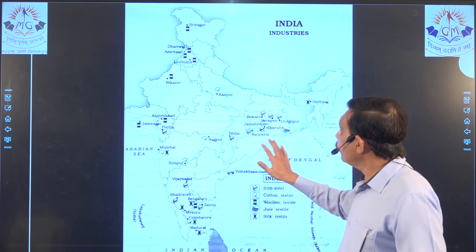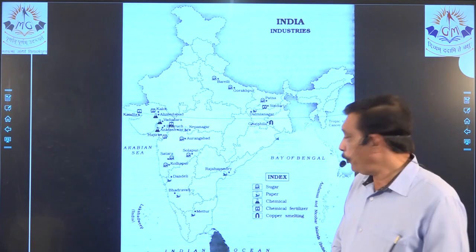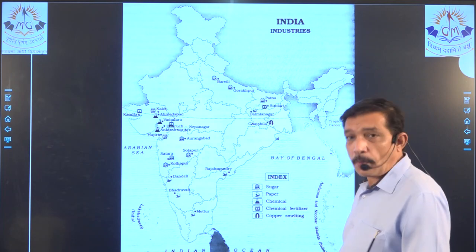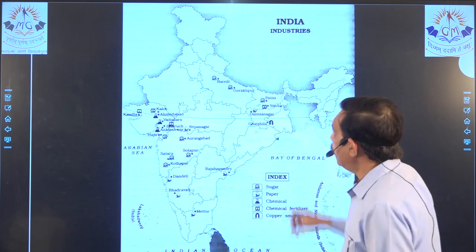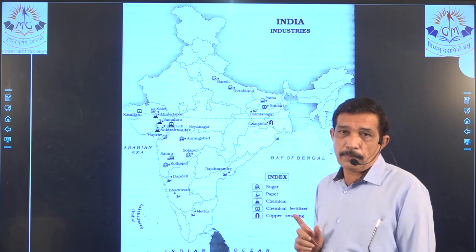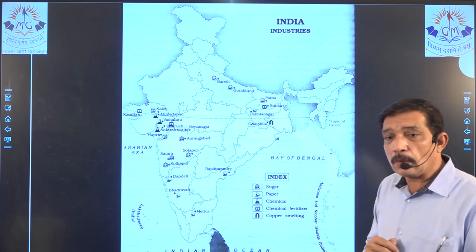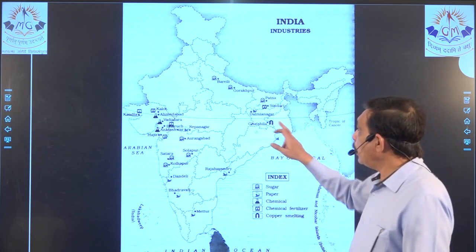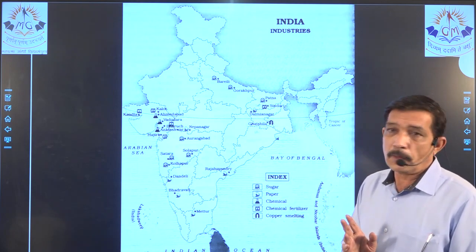Now we come to sugar, paper, chemical, fertilizer, copper smelting. So first we will go for copper smelting. If you see in the entire map, there is only one place, that is Ghatshila, that we discussed while we were discussing the copper industry, right? So you remember Ghatshila, where is it? It is in Jharkhand, right?